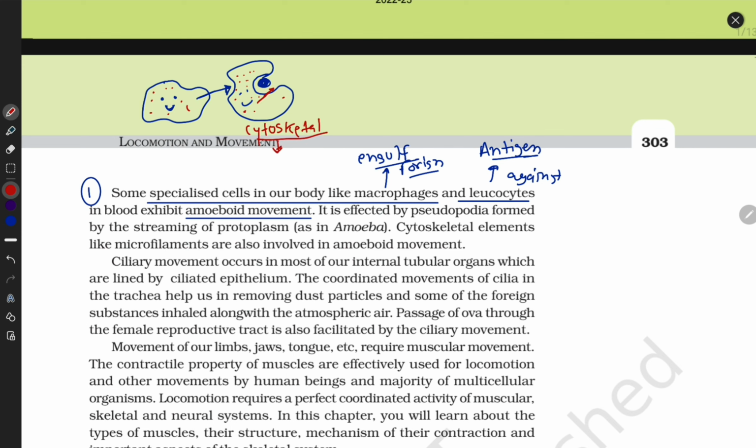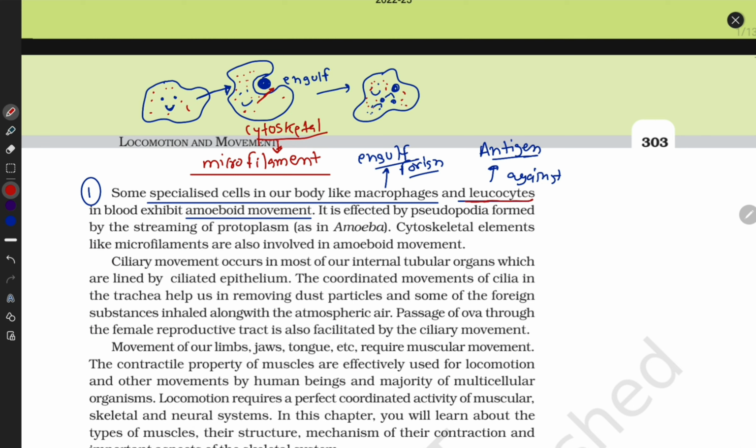What is the meaning of cytoskeleton? These are microfilaments which help in movement and locomotion. So the macrophage engulfs the foreign particle, consumes it and then breaks it down. Alright guys, this is the procedure of amoeboid movement.